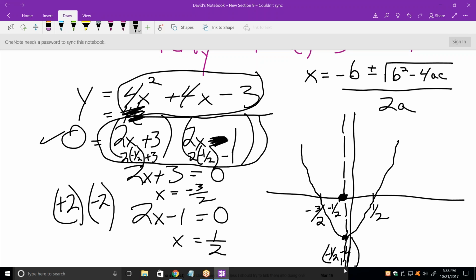They just want you to calculate it, because the key to the line of symmetry is that the parabola is symmetrical about it. In other words, that distance right there is the same as that distance right there. The parabola is perfectly symmetrical about the line of symmetry, not the y-axis, but the line of symmetry.